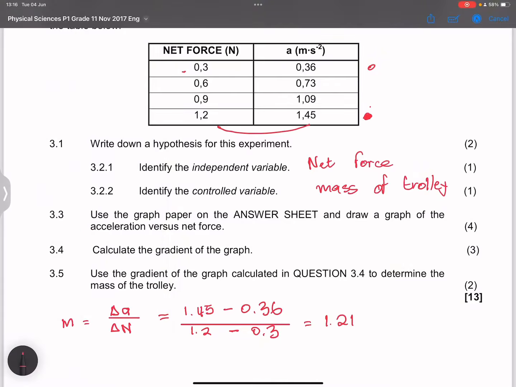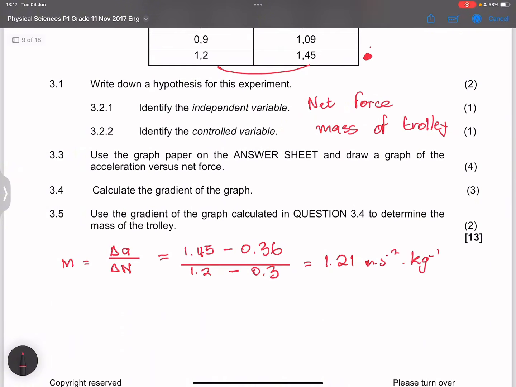That's the gradient of the graph. And please note, this is meters per second squared per newton, right? Not really that there was a need for me to put my SI units, but nonetheless, it is what it is.